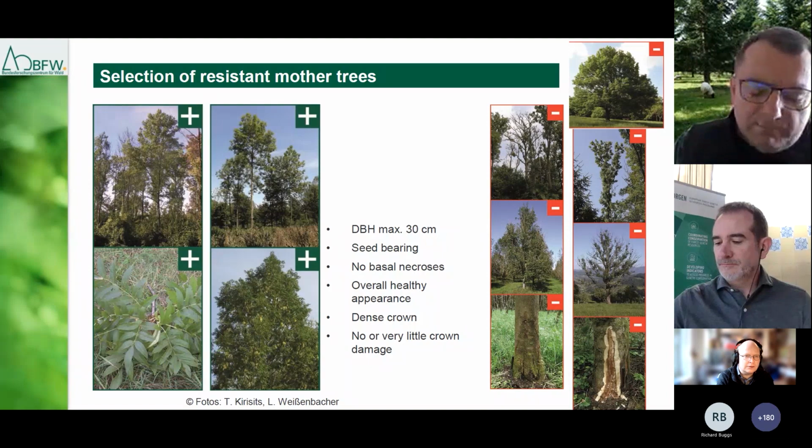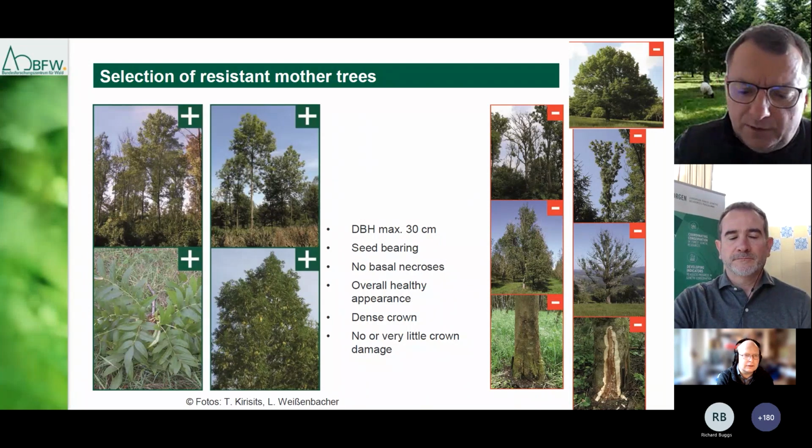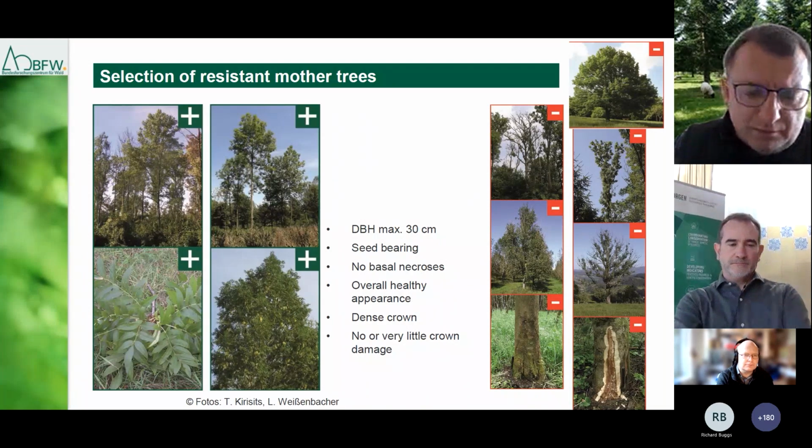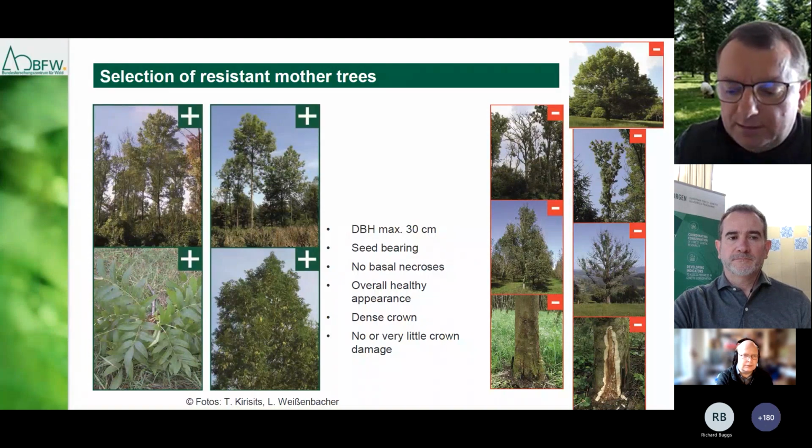Field trees outside of the forest were avoided, because there's just not enough inoculum around to get them infected. And we were also selecting younger trees. The maximum DBH was around 30 centimeters, because it can be difficult to assess the disease incidence in older trees.